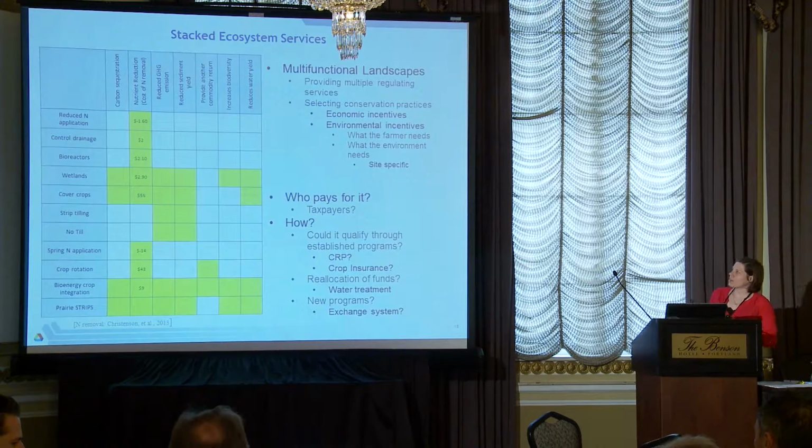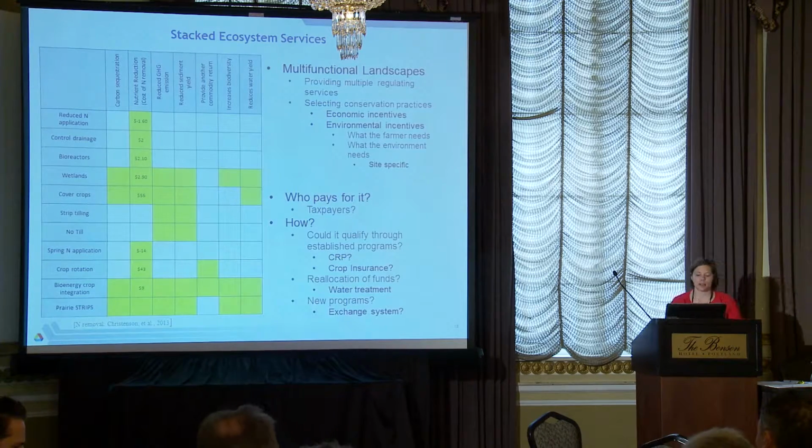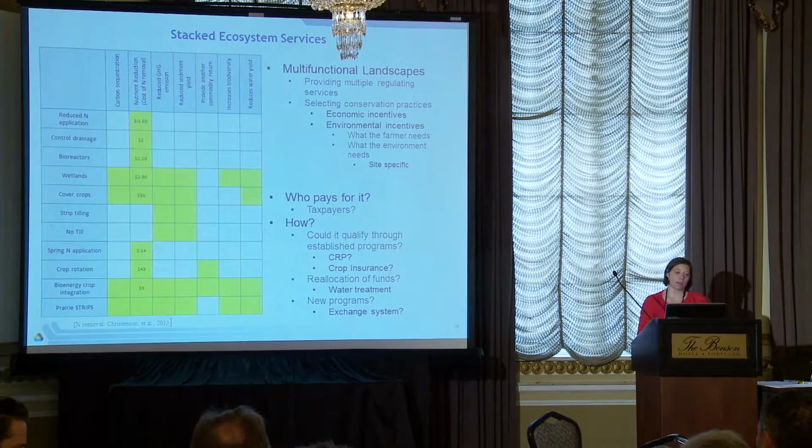And so the next major component of this is who pays for it. We talked about it last week, and we alluded to it this week. Is it taxpayers? If so, how? If you're talking about energy crop integration, could it potentially qualify for the CPR program?